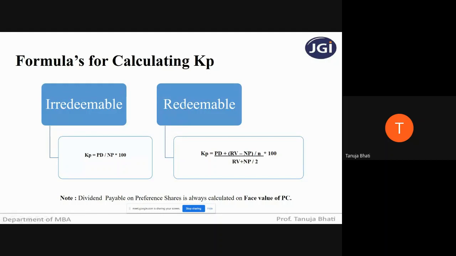If it is redeemable preference shares, the formula will be PD plus, in the bracket, RV minus NP divided by N, the whole divided by RV plus NP divided by 2, into 100. Here RV is your redemption value, that is the repayment value, and NP is your net proceeds. Always remember, this preference dividend is always calculated on the face value of preference capital.